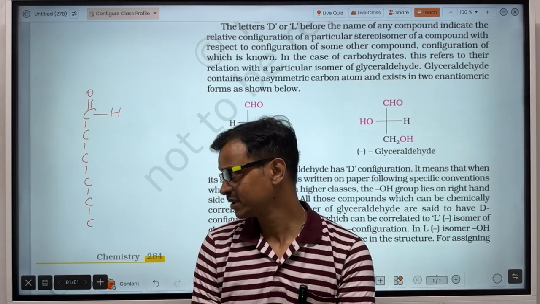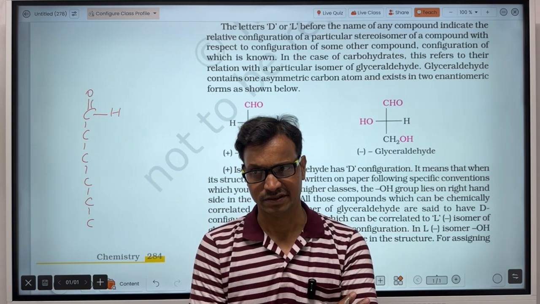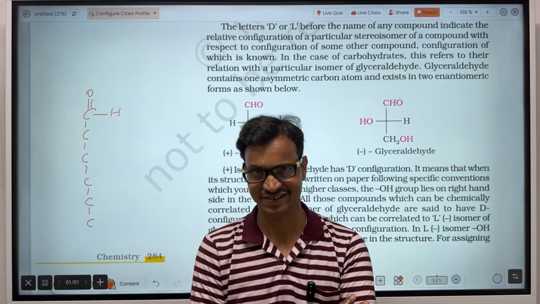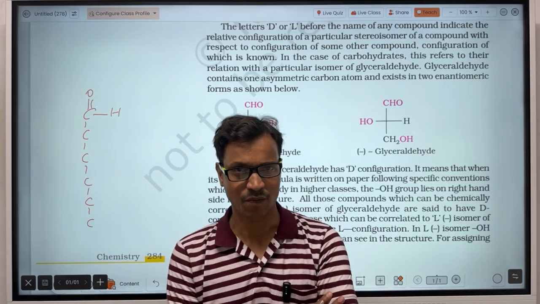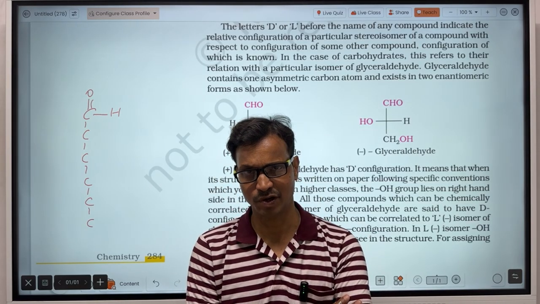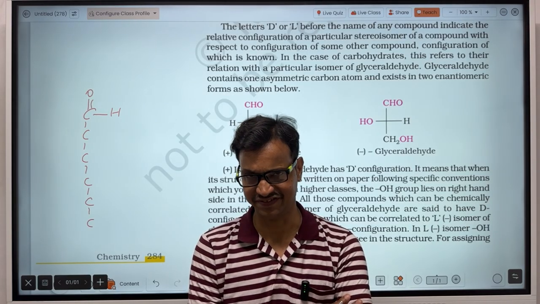But in carbohydrates, the three-dimensional geometry has wide relevance, because one of the important conditions is that the compound should be optically active.